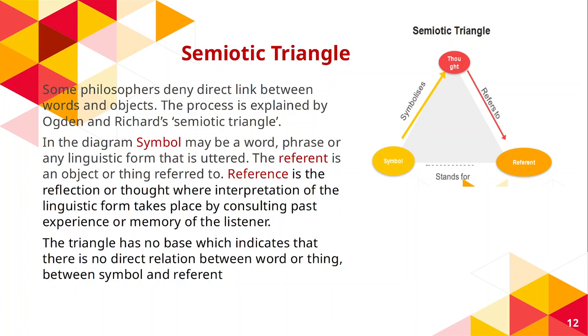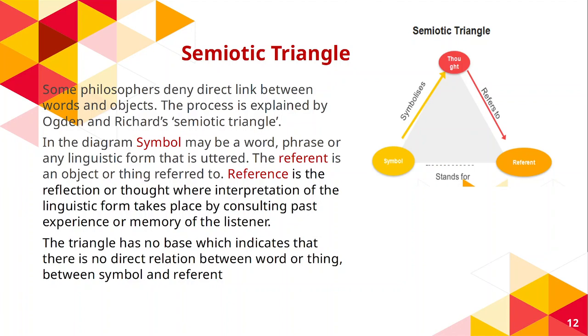Some philosophers don't believe that there is any direct link between words and objects. This has been explained beautifully by Ogden and Richards in their famous Semiotic Triangle. So, let us understand the concept more clearly.